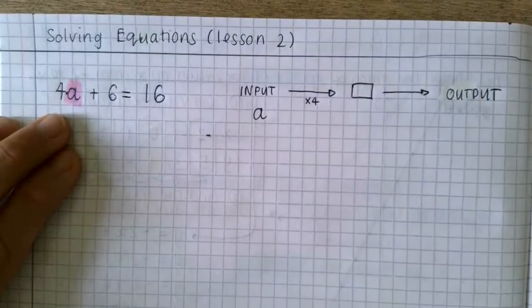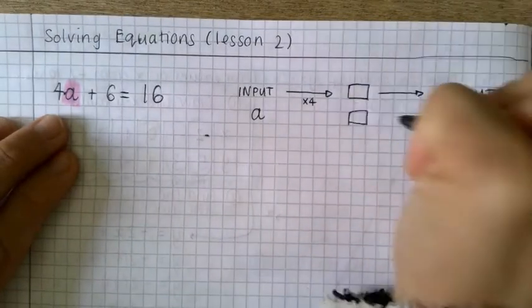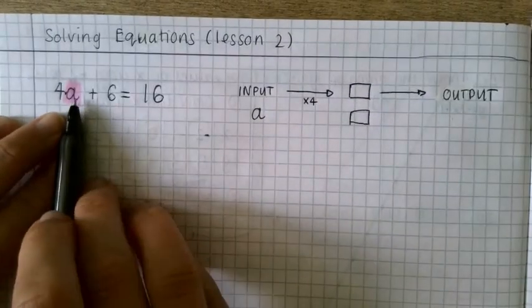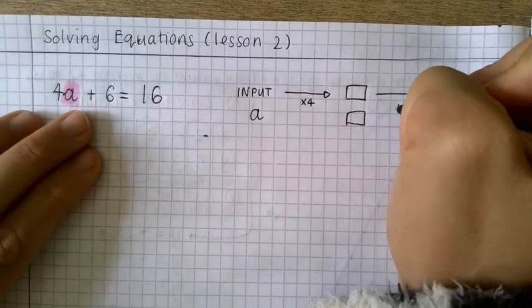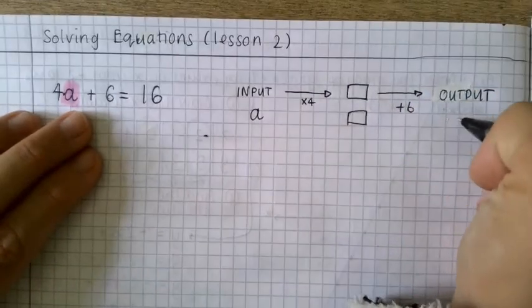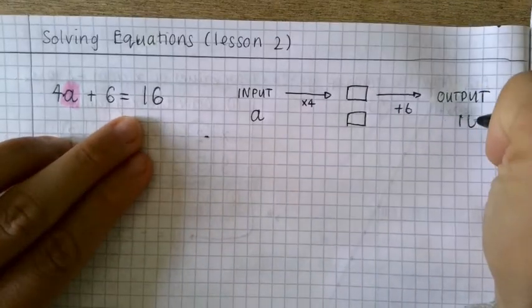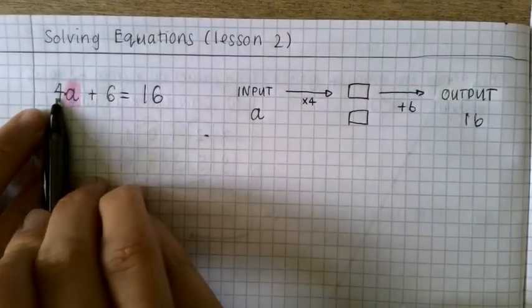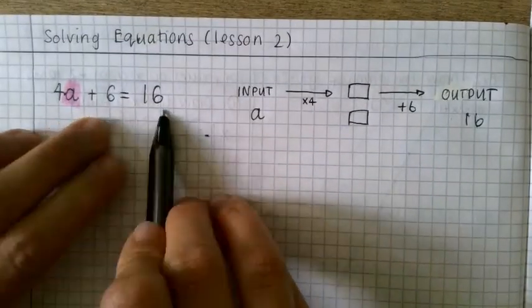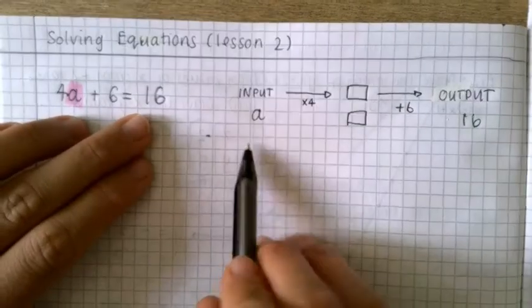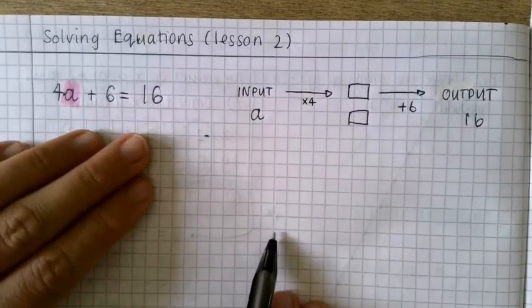So a is being multiplied by 4, we get some other number, and then 6 is added, and we get our output, which is 16. So we take a, times it by 4, add 6, and get 16. So a is the input, and 16 is the output.